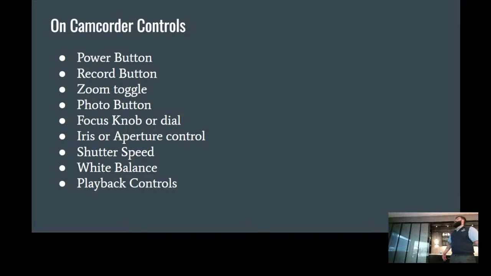So things that you can expect to see for camcorders: the power button, the record button, your zoom toggle, a dedicated photo button, focus knob or dial, iris or aperture control, shutter speed, white balance, and playback controls.